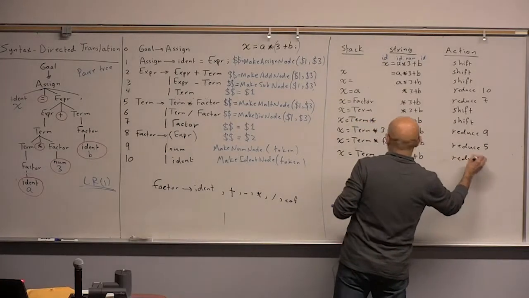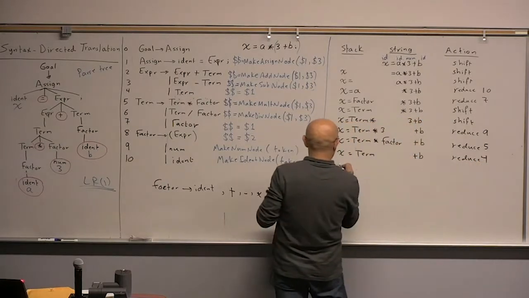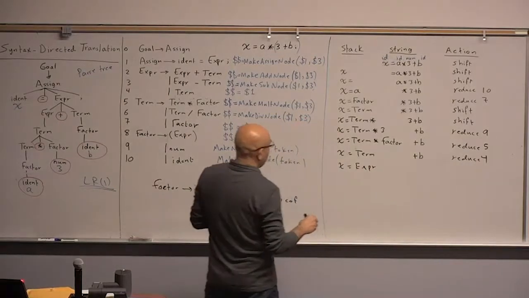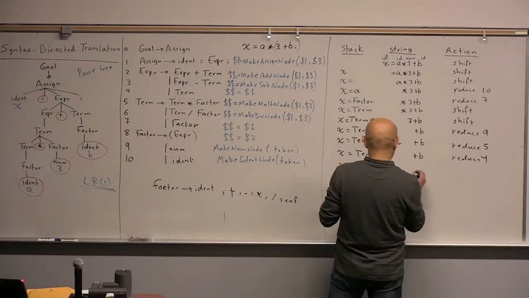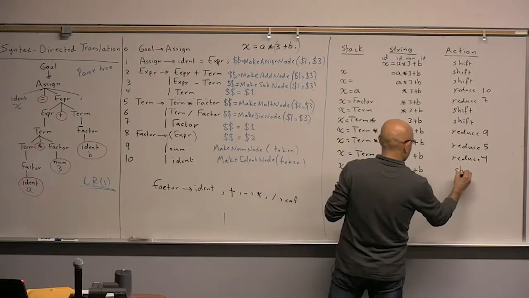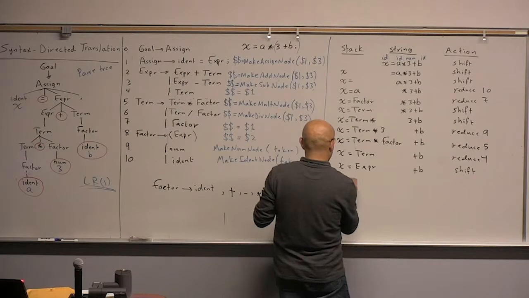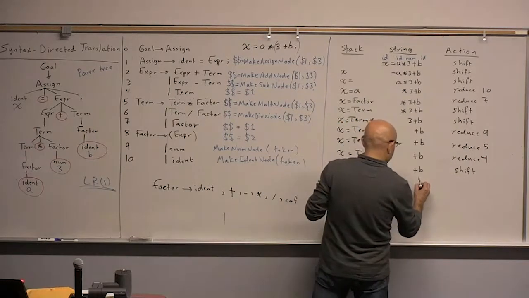Reduce the term to an expression by rule 4, and this is going to be x equals expression. And now we will do what? We will shift, which means that we will have x equals expression plus, and that's a b.